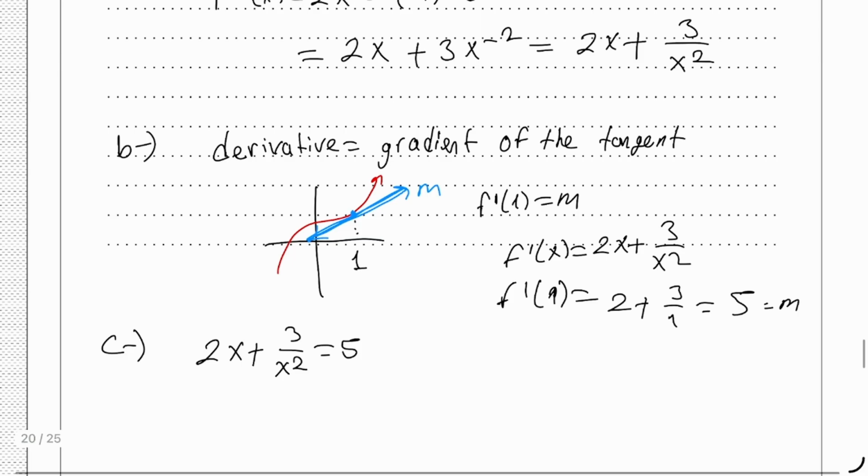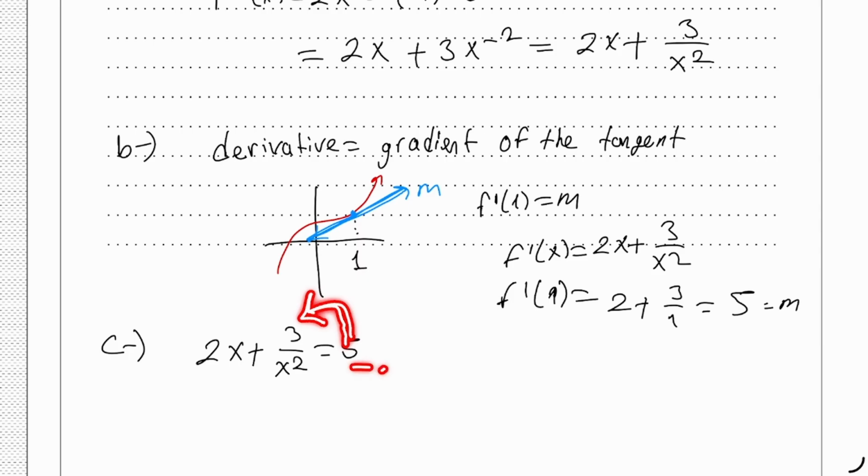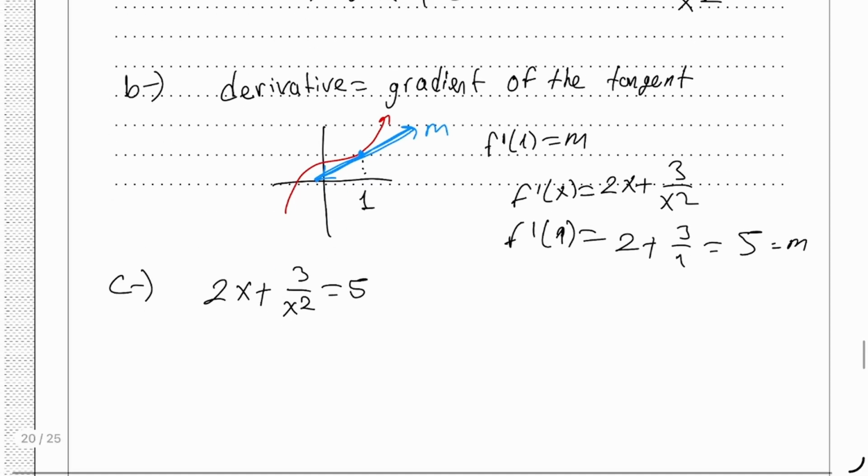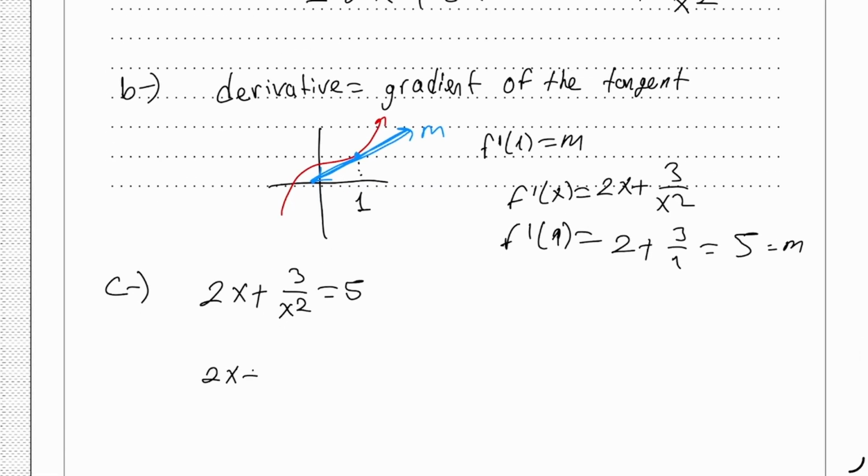To find this one, I'm gonna sketch the graph, but I need to send this one to the other side. Then I'm gonna find the intersection points, which are the roots of that function, right? So 2x plus 3 over x squared minus 5 equals, let's say, 0. Let's sketch this function and find the roots of it.